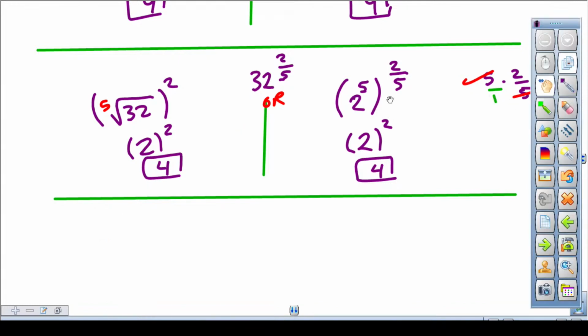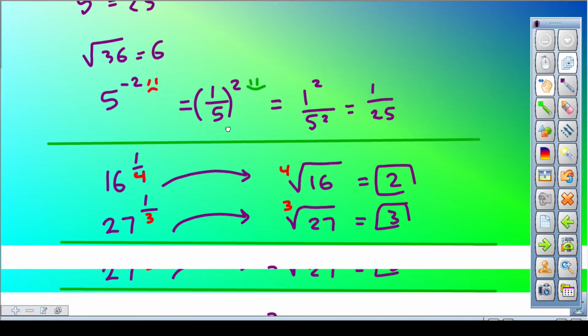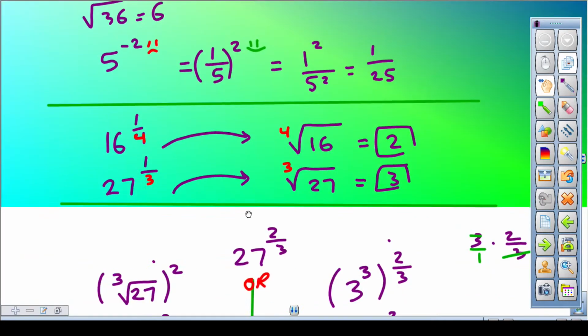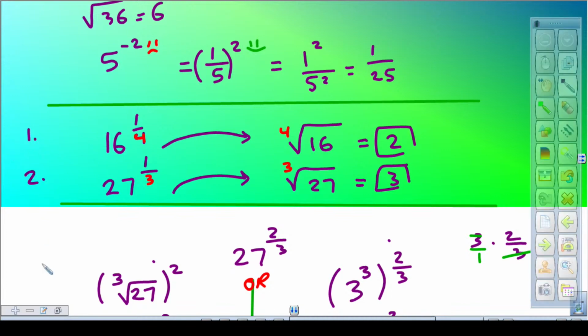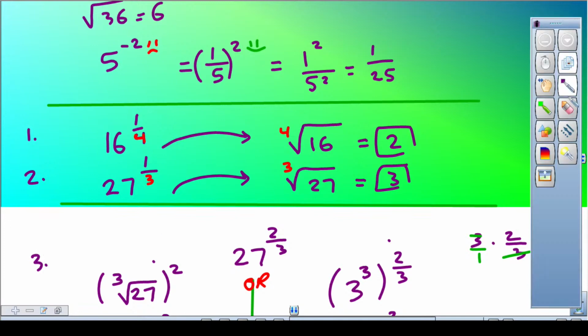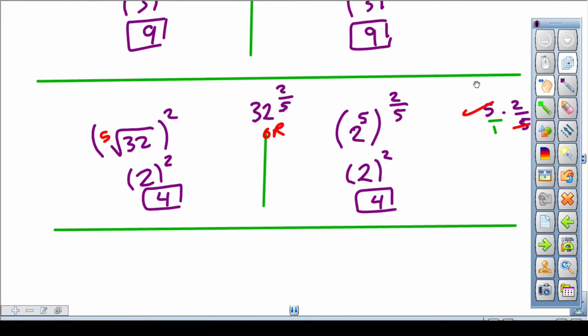This was the warm-up here at the top. So you might want to put this one as example 1, example 2, example 3, and 4. And then we're going to do example 5.